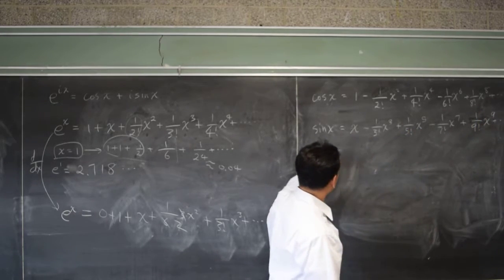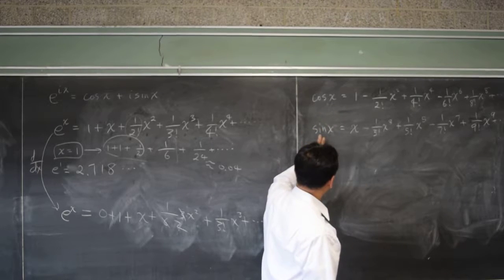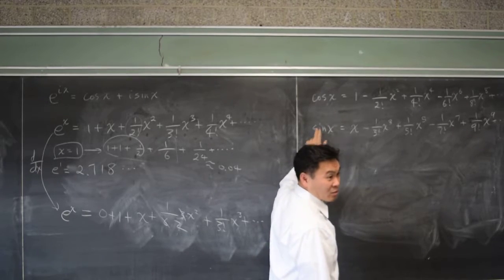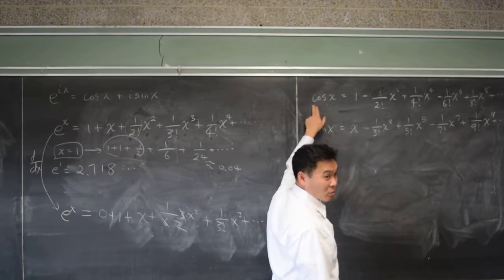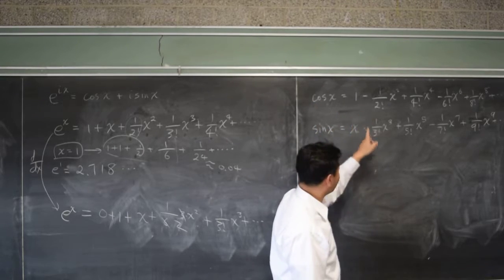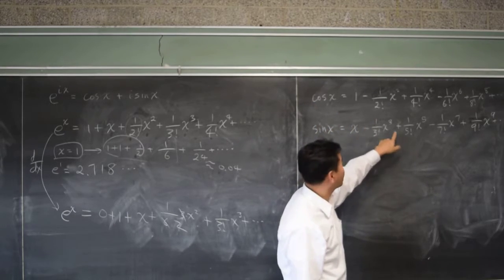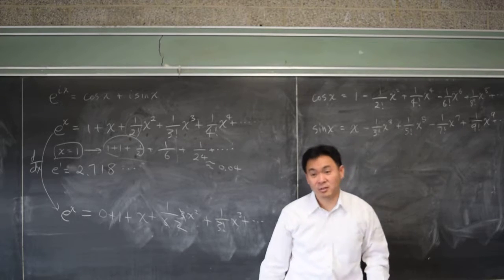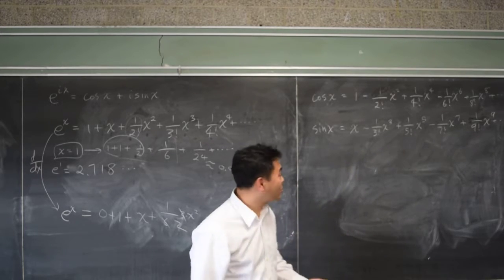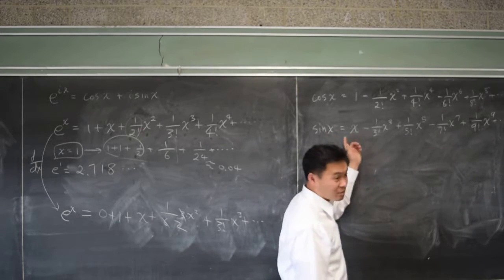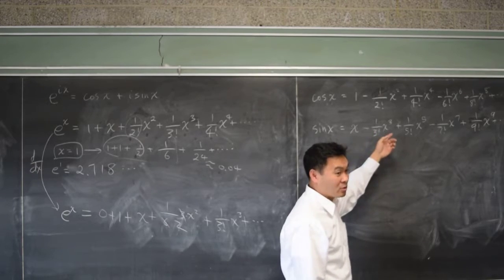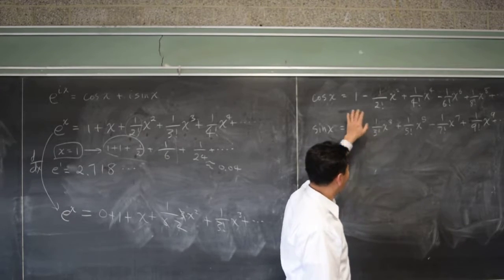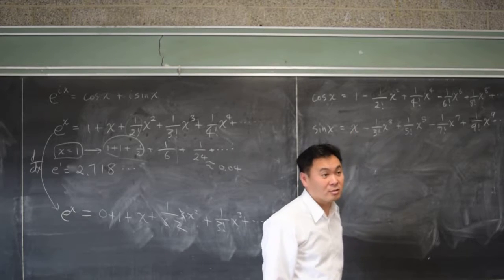Not only that, the property that if you differentiate sine x, it becomes cosine x, will also be correct on the right side. If you differentiate this one, you're going to get this one. So that means if you just remember the sine x Taylor series or Maclaurin series, then you know the cosine. Okay.